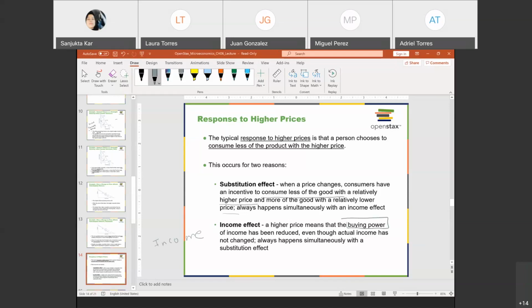Maybe your income is still $1,000, but if the price goes up, you might want to buy less of that good. So income effect means your purchasing power will go down, like if the income falls. However, if my income rises, your purchasing power will go up.